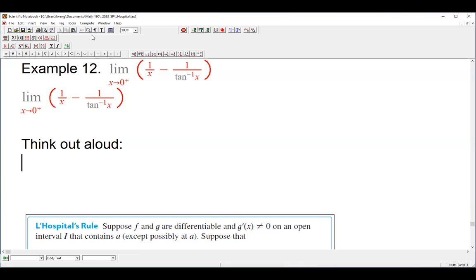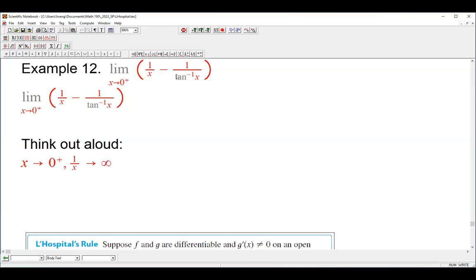As x approaches 0 from larger than 0, 1 over x approaches positive infinity. But when x is approaching 0 from larger than 0, what does arctangent x approach?